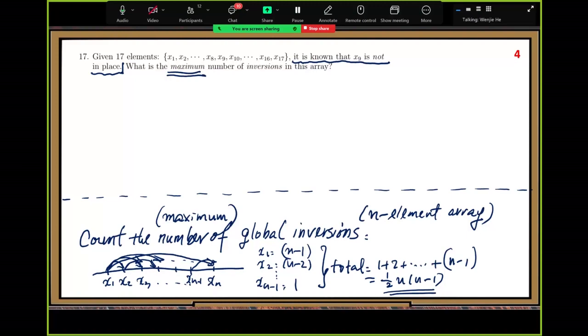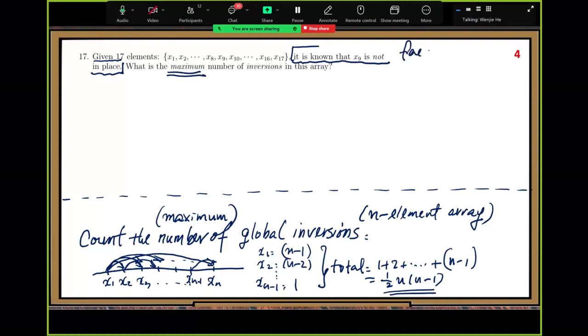If we sort it, x9 is at the right position, that's in place. But here our assumption is x9 cannot be in place.